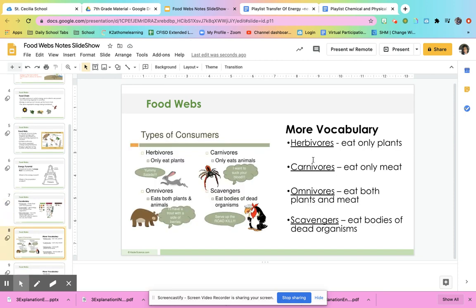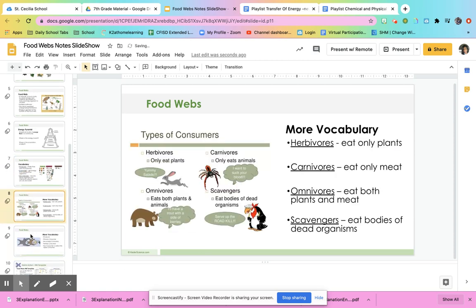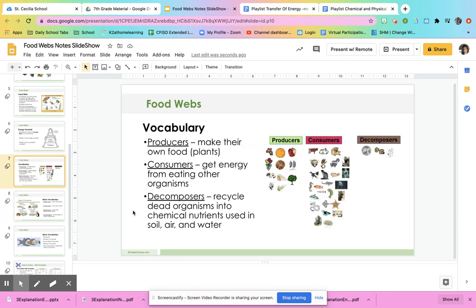You have your herbivores. That means they eat only plants. Carnivores eat only meat. Omnivores, they eat both plants and meat. That's us. Scavengers eat bodies of dead organisms. Understand that scavengers are different from decomposers, okay? Because a scavenger is something like a vulture, and a decomposer is something like a mushroom, okay?